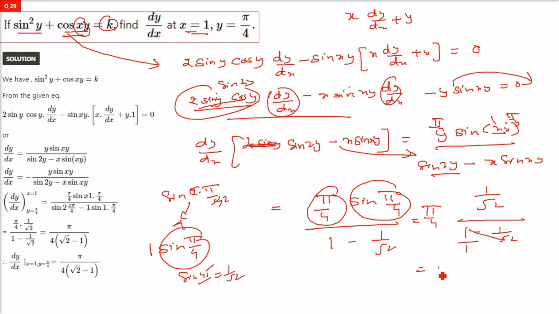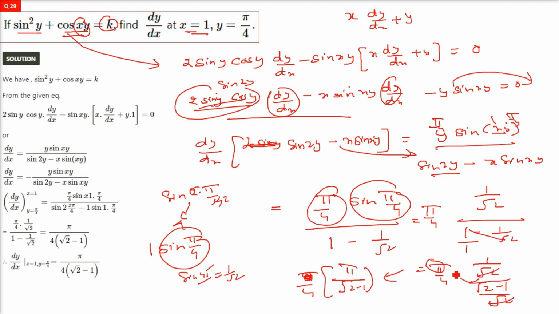So take the LCM in the denominator: 1 minus 1 by root 2 is root 2 minus 1 by root 2. So you can just cancel this root 2. So finally it will be pi by 4 times 1 by root 2 minus 1. Or if you want to write it the way the book has provided the answer, it's pi by 4 into root 2 minus 1.